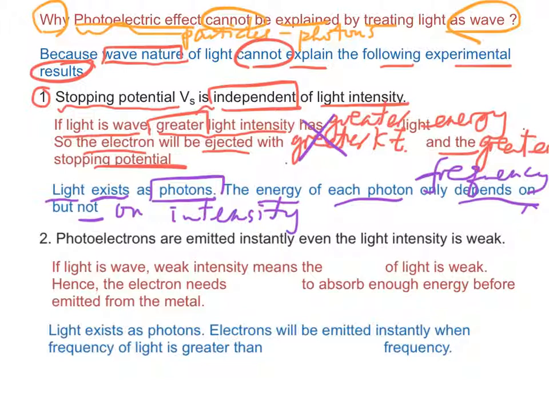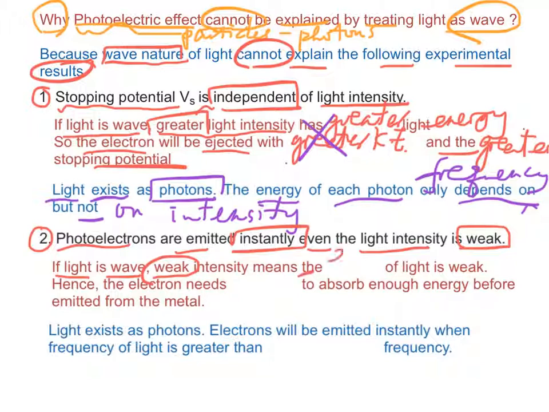The second result is that photoelectrons are emitted instantly, even if the light intensity is weak. If light is a wave, weak intensity means the energy of the light is weak.